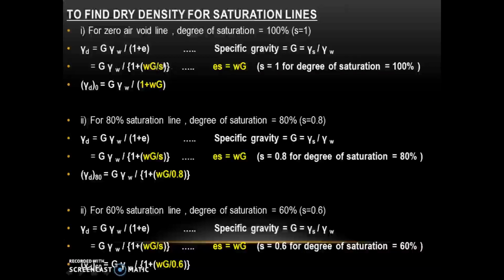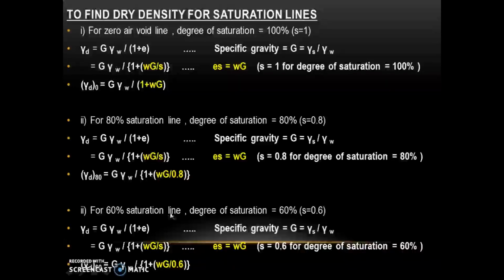Hence S was taken as 1 for the zero air void line. And now for the 80% saturation line, we will take S as 0.8. So substitute S is equal to 0.8 to find the dry density value for the 80% saturation line.